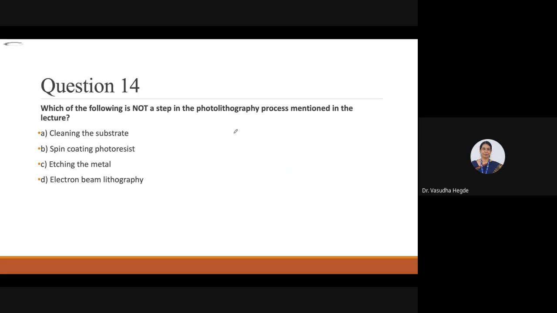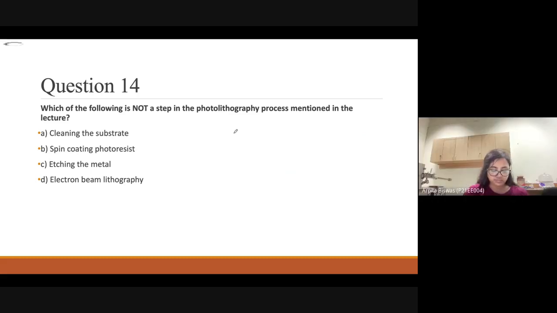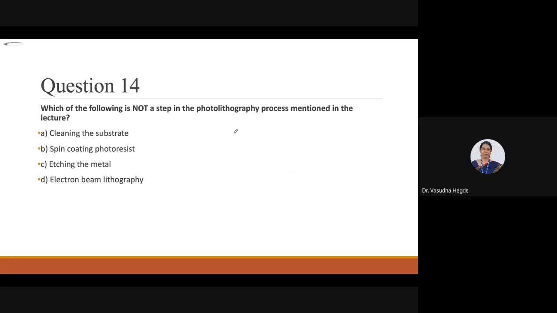Cleaning is needed. Spin coating is needed. Cleaning the substrate is not a process in photolithography, right?